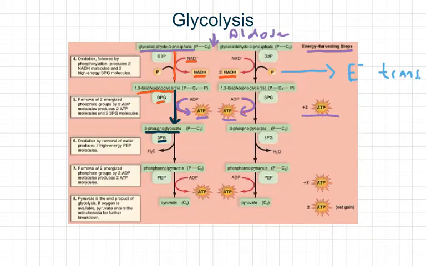Then from there, 3PG is further converted into phosphoenolpyruvate, or PEP. And then the phosphoenolpyruvate is then converted into pyruvate itself. And this is where we harvest our second set of ATP.